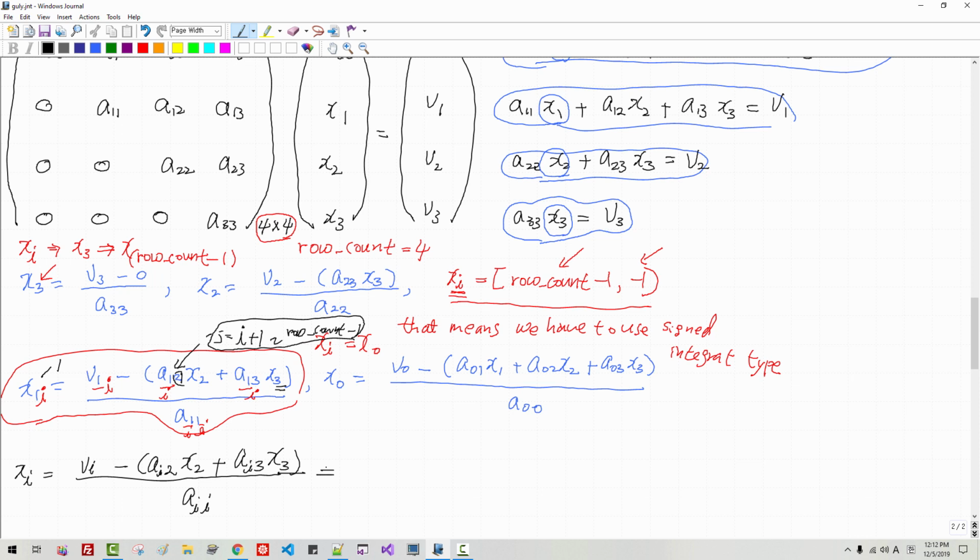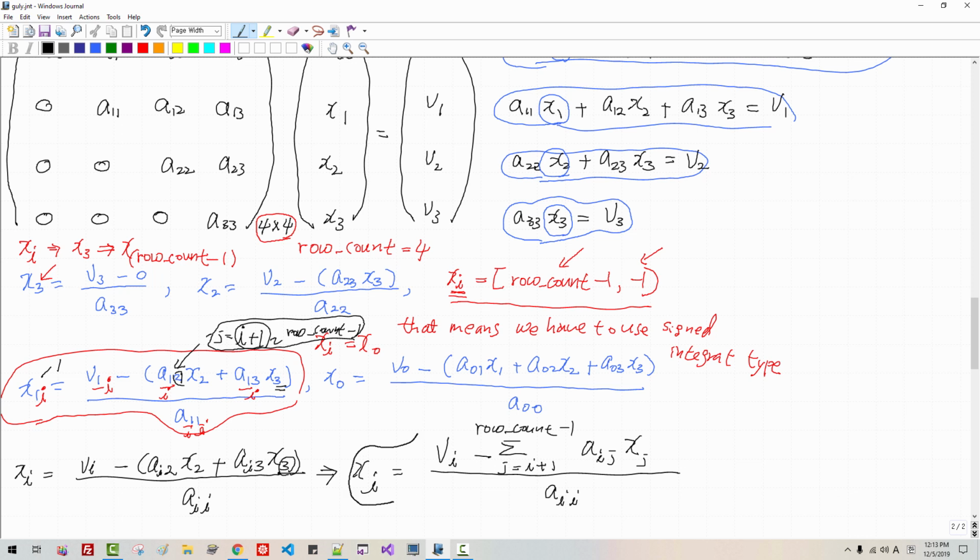So we can denote xi equals bi minus sigma, j starts with i plus 1 and ends with row count minus 1, summation of aij times xj, over aii.